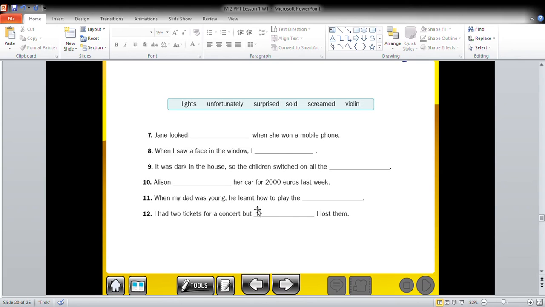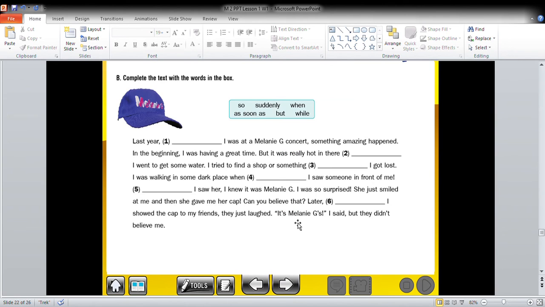When my dad was young, he learned how to play the blank. I had 2 tickets for a concert, but blank, I lost them. So we have the answers here: surprised, screamed, light, sold, violent, and unfortunately.